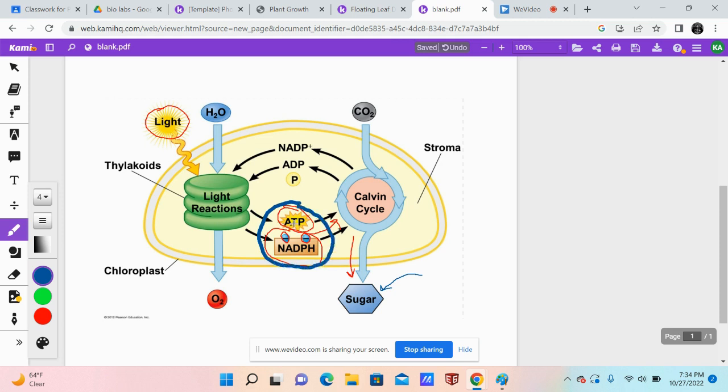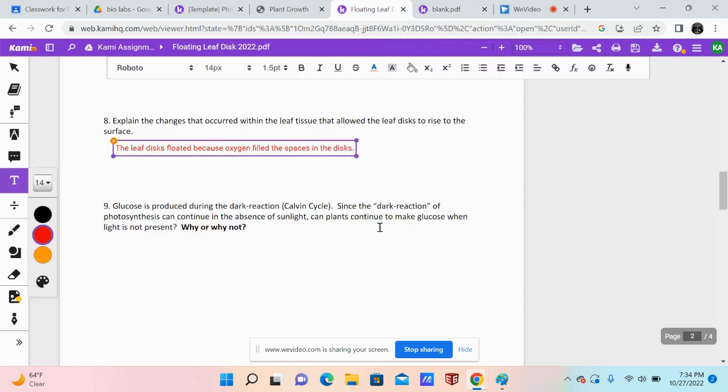ATP and NADPH are needed for the Calvin cycle. Without these two energy molecules, the Calvin cycle will not occur and glucose will not be created. So in this one, put no, they cannot make glucose because they cannot make the ATP and NADPH that is required in the Calvin cycle.